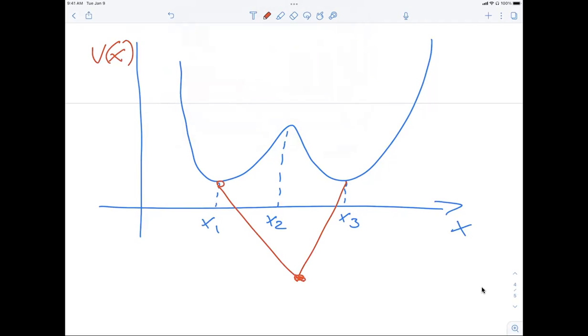If I give you an energy which looks like this, let's call this an E0. And let's suppose now that you have fixed the potential energy, so it's been scaled now, so that V of x1 is equal to V of x3, and they're just set equal to 0. This is a scaling we can always do, right?